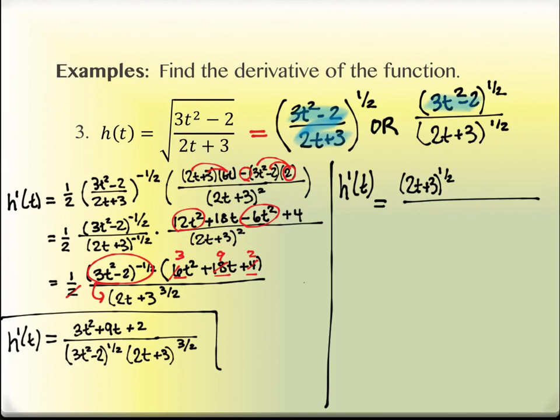It's this piece to the power 1/2. So the chain rule says I bring the 1/2 down, I rewrite the inside, 3t squared minus 2, and I make it to the power 1 less, so negative 1/2. And I multiply by the derivative of the inside, which is 6t.